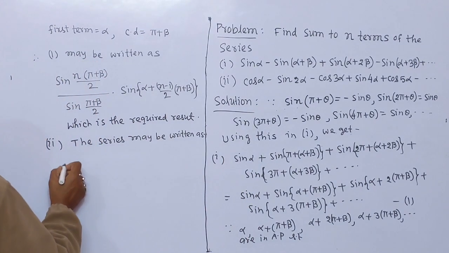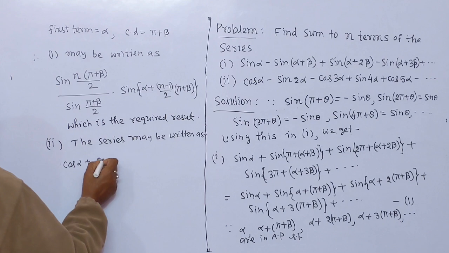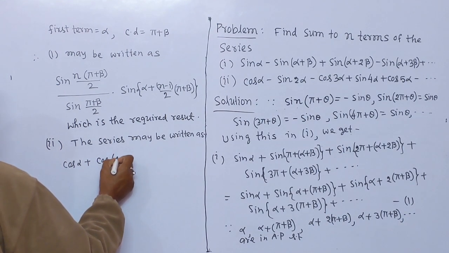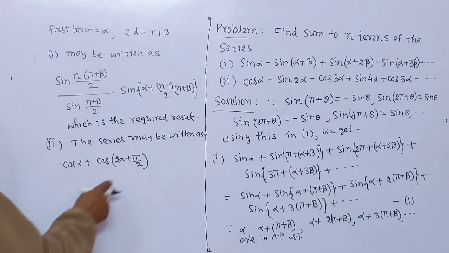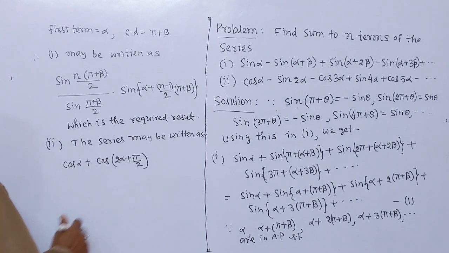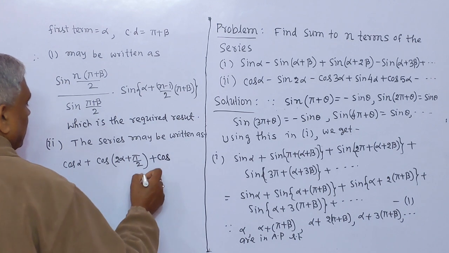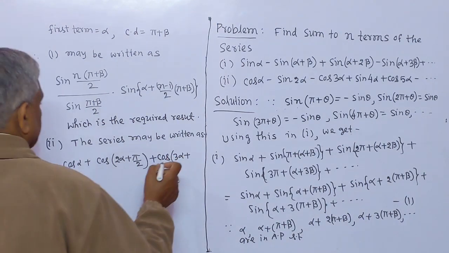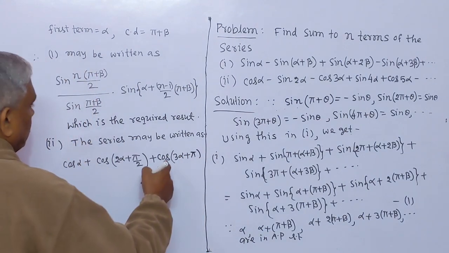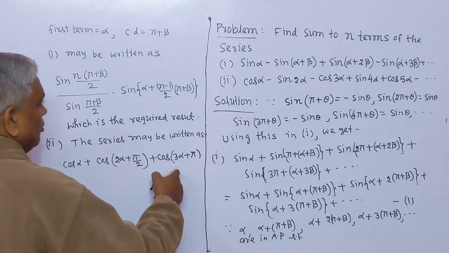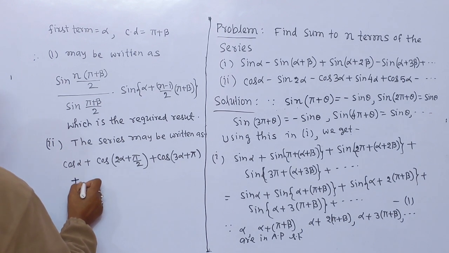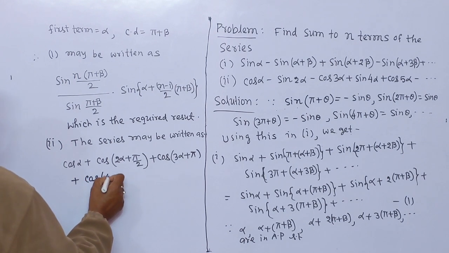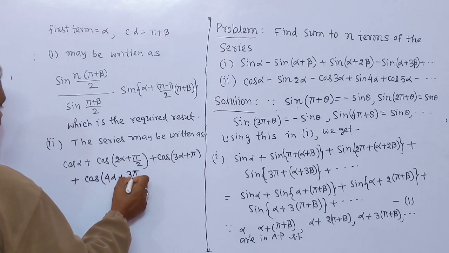We may write this cos alpha plus cos 2 alpha plus pi by 2, since cos pi by 2 plus theta equal to minus sine theta, plus cos 3 alpha plus pi, cos 3 alpha plus pi equal to minus cos 3 alpha, plus sine 4 alpha is cos 4 alpha plus 3 pi by 2.